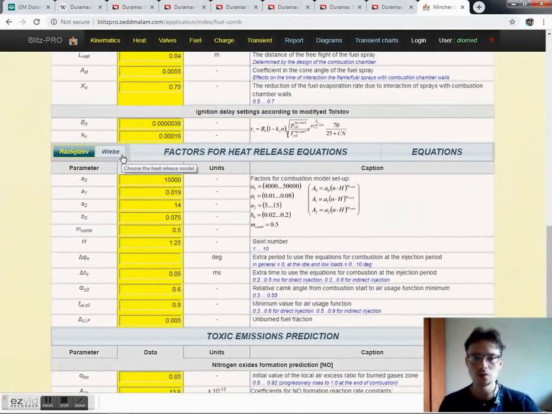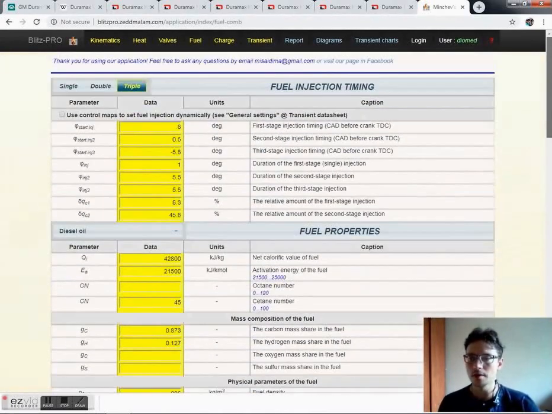The Weber combustion model is quite simple. It is very similar to the model for spark ignition engines, and the Razleytsev combustion model is more sophisticated, more complex. So we will discuss this model in this video to understand how it actually works.